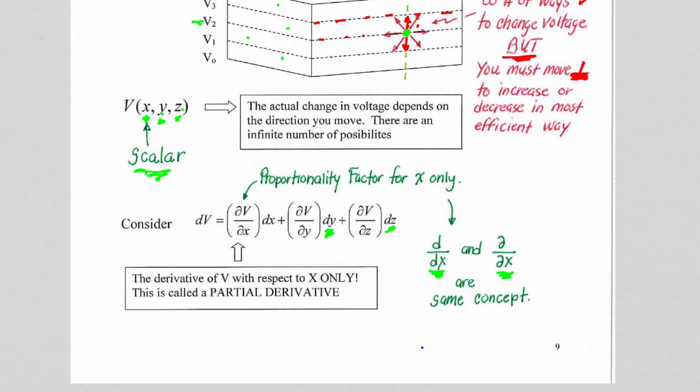So the d's become this swoopy d, and that lets us know it's a partial derivative, which means it's still the proportionality factor between how much v changes when x changes. That will be the proportionality factor that tells us the change in v from x, but we can do the same thing for the change in v from y, based on its own proportionality factor.